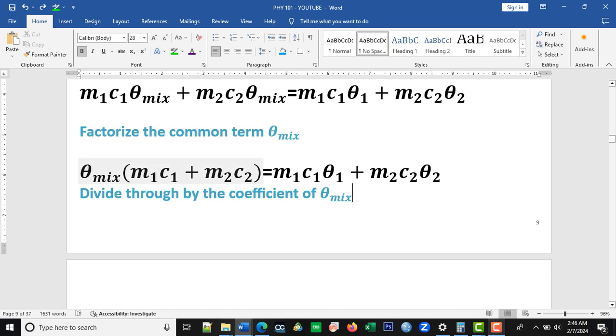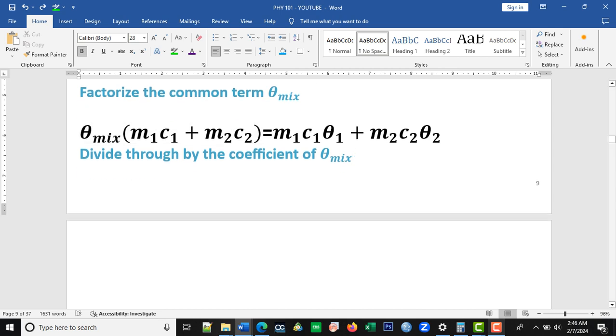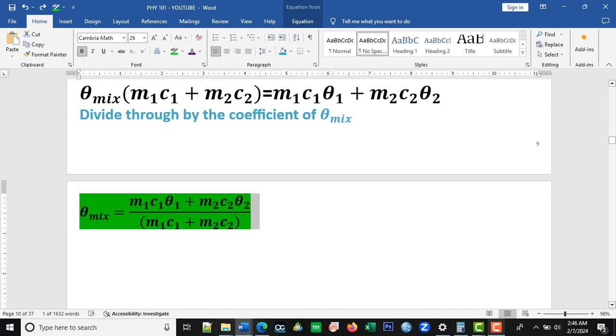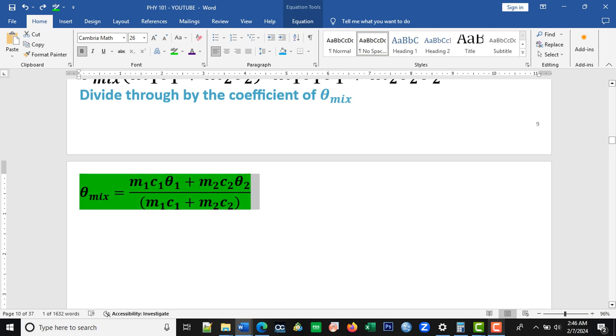Of course, if I'm to divide both sides by that coefficient, which is M1 C1 plus M2 C2, then I will have a new expression formed, which is θ mix equals M1 C1 θ1 plus M2 C2 θ2 all over that coefficient, M1 C1 plus M2 C2. Okay, so we have come to the end of this problem.